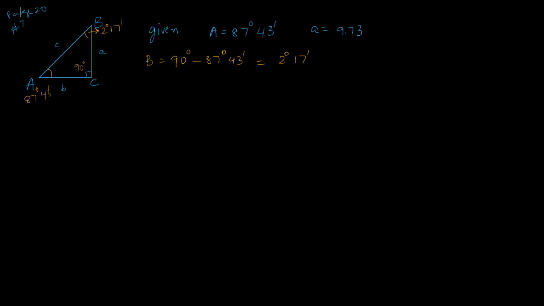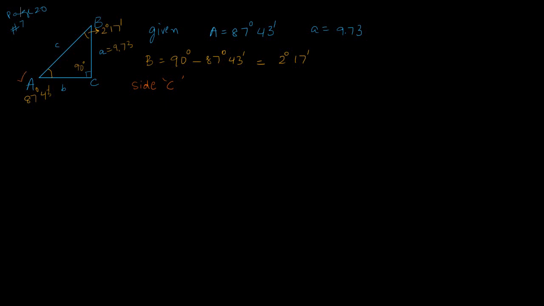Moving on to finding missing sides. Now it's up to you which side you want to start with. You could start with C or B because A is given to be 9.73. Okay, let's say we want to start with solving for side C. Now for side C, what angle is given to us?